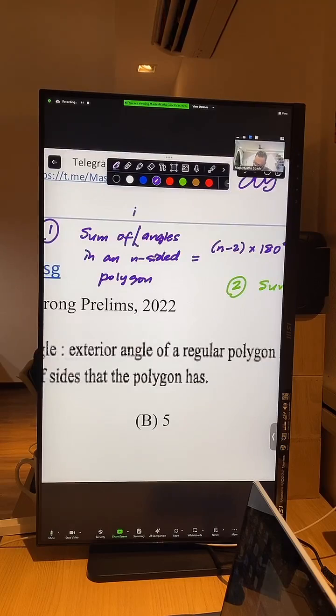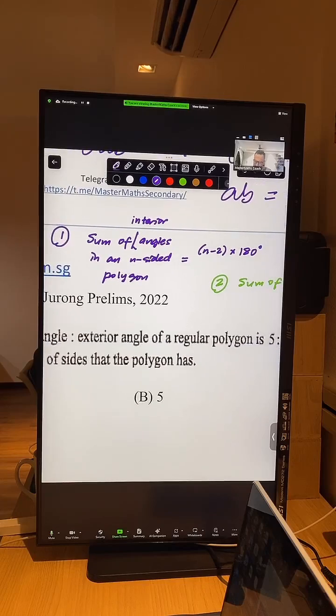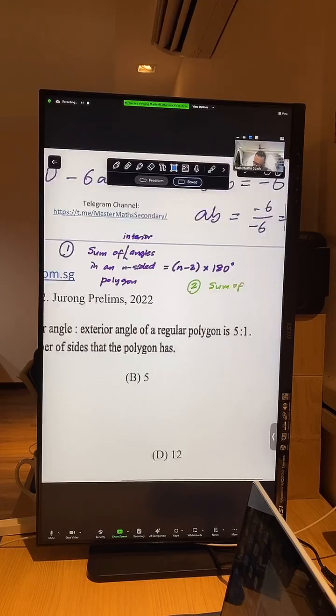Okay guys, interior angles, not exterior, because we have interior angles, we have exterior angles. So the sum of interior angles in an n-sided polygon is n minus 2 times 180 degrees.